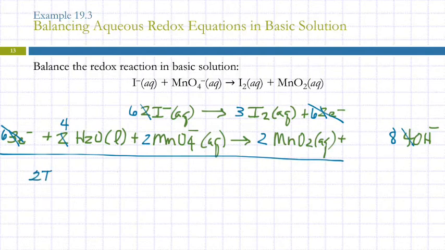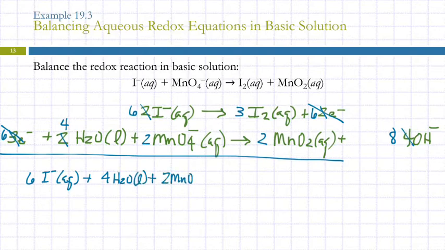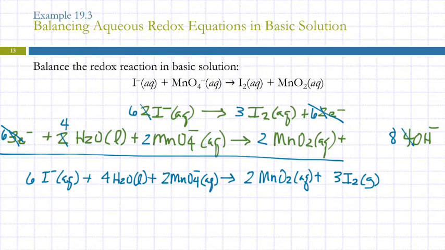So I've got 6 I minus plus 4 water molecules plus 2 permanganate ions, and that's going to form 2 MnO2 and 3 I2 aqueous, and 8 hydroxide ions.